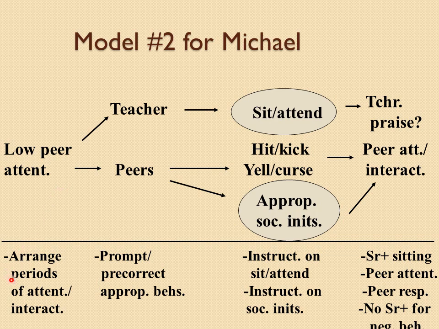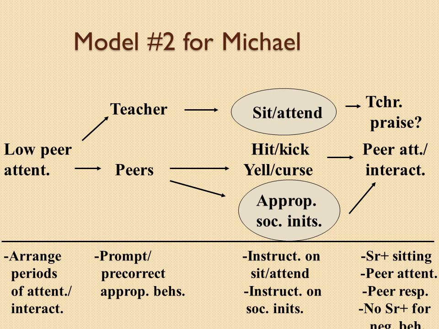Possibly we could arrange periods of time for the student to interact with other kids, or we could set that up. Sometimes students who have very poor social skills end up being socially isolated. So often they will do things to the other kids just as a way of initiating some kind of an interaction, even if it's a negative interaction.